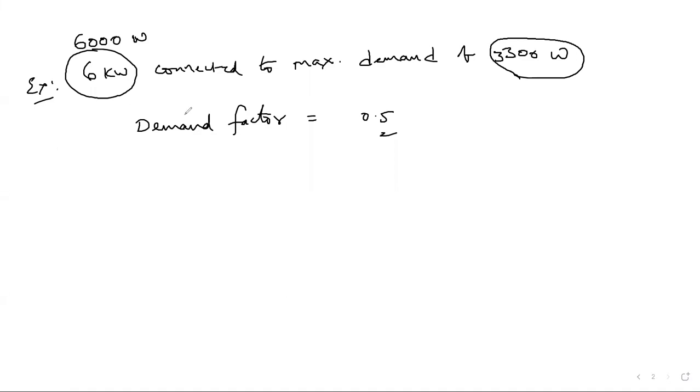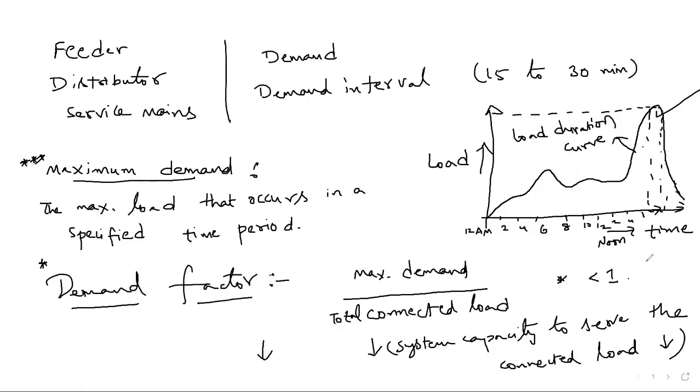Here I have a little doubt. What does connected load mean? Is it clear to all of you? I explained maximum demand, so this is maximum demand to the connected load. Connected load is simply the sum of the continuous rating of all equipment which are connected to our system.